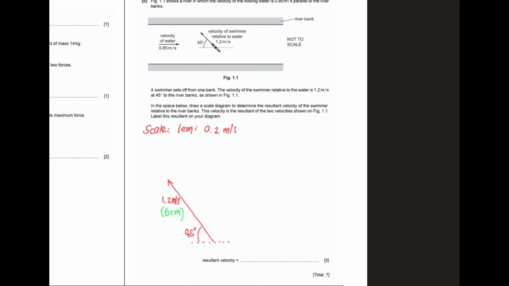Imagine 1 cm represents 0.2. 0.85 is how many cm?